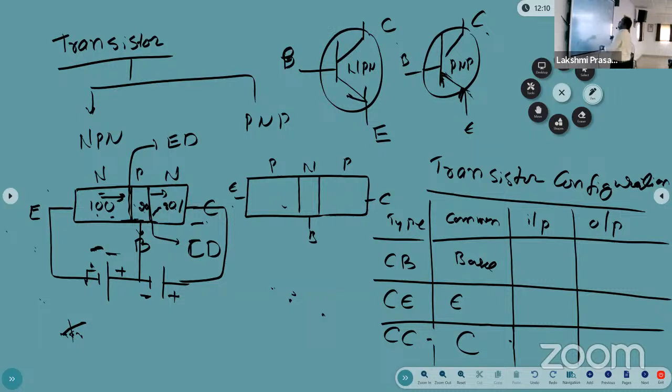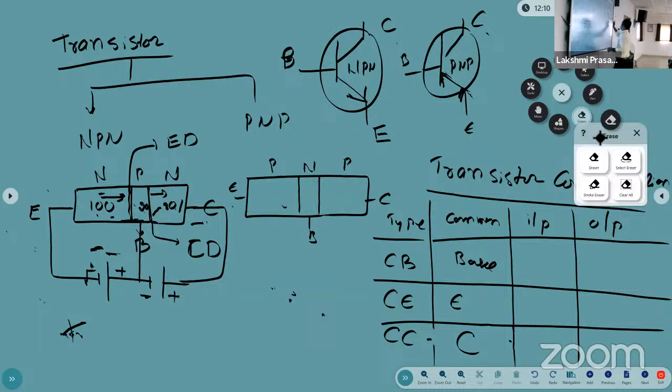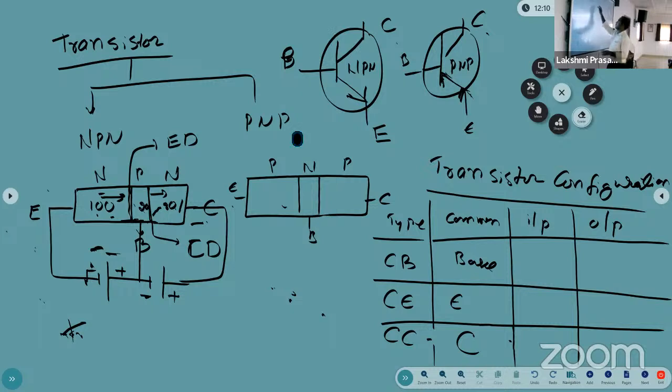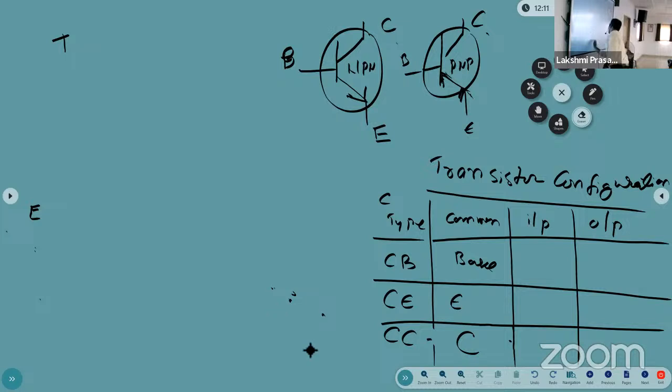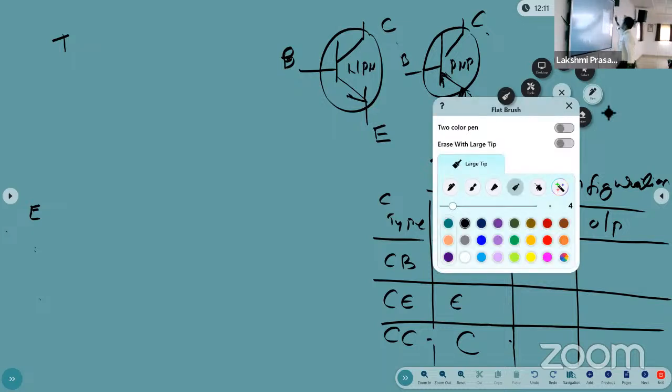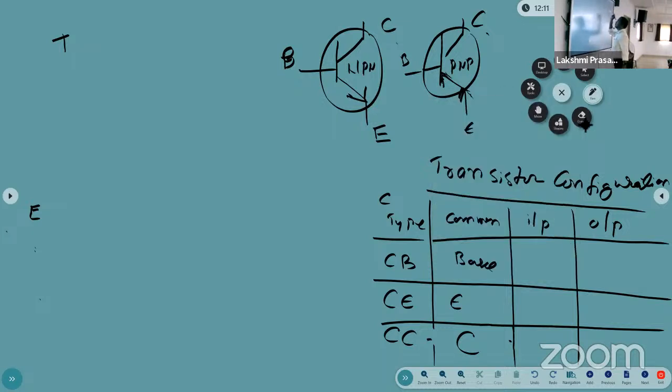Take NPN. Now this terminal is the common for the input circuit and output circuit.